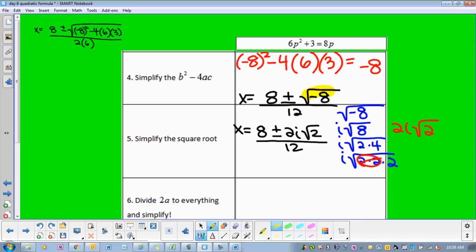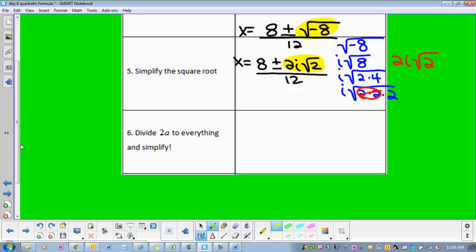I took the square root of negative 8, and when I simplified it out, I got this, so I just replaced it with the simplified version. Okay? Any questions so far? Alright.